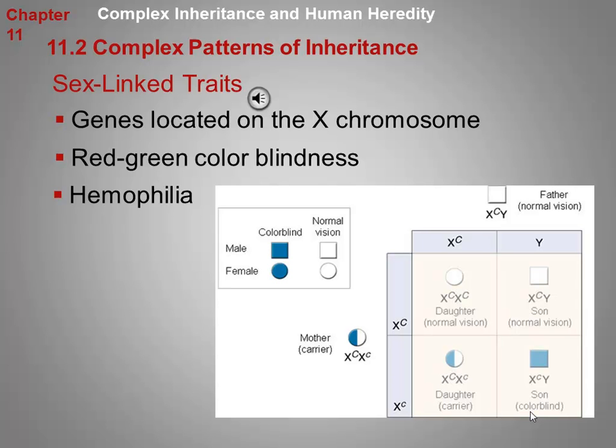If you look at the male, for X versus Y, he has the recessive trait on his X chromosome, but he doesn't have a second X chromosome to dominate over it, so he will be colorblind. So most often, the females are carriers of the traits that then are expressed in the males. So if the mothers are carriers, they can pass it on to their sons. If you look here, the mother was a carrier, and she passed the color blindness on to her son. And that's because the males only get one X chromosome.